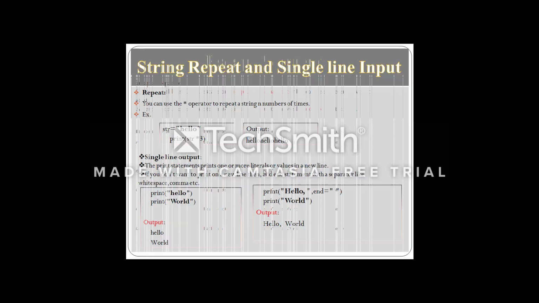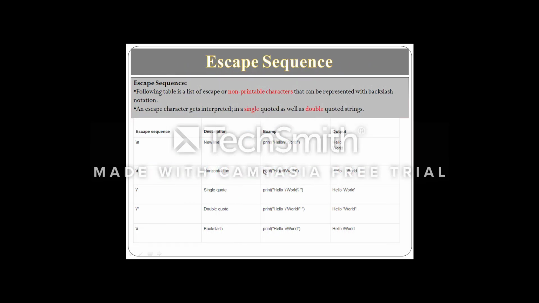Now we will see escape sequences. Generally, escape sequences are non-printable characters, and these can be represented with backslash notation. An escape character gets interpreted in single quoted as well as double quoted strings.